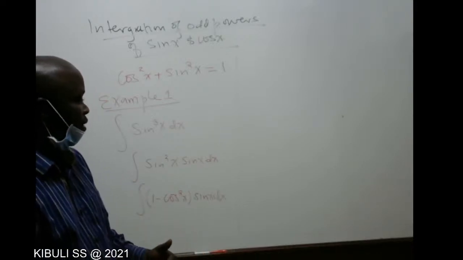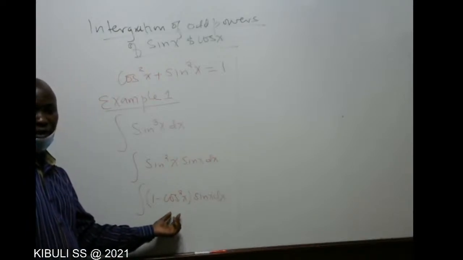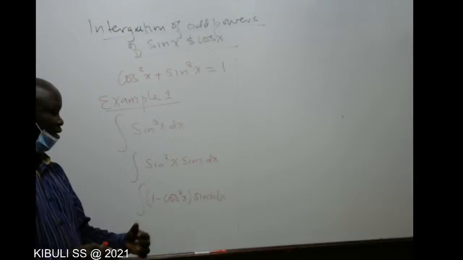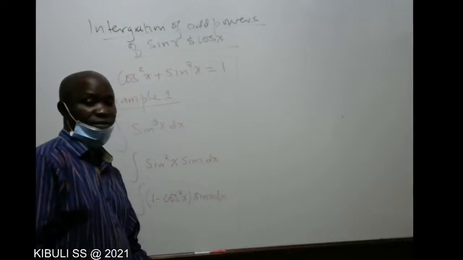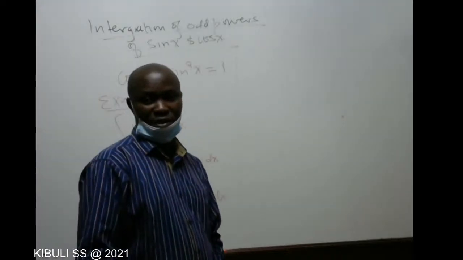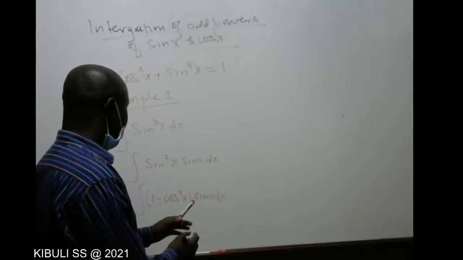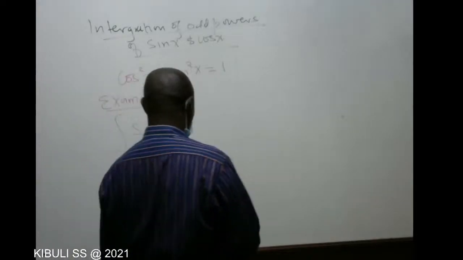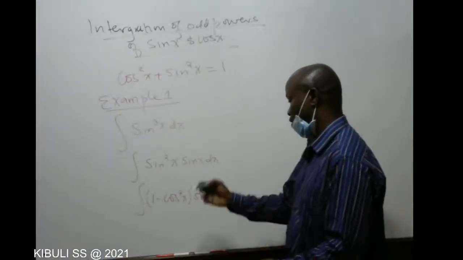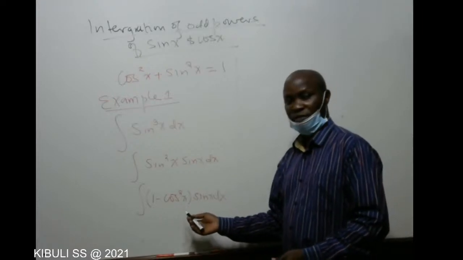And remember, after identifying a function, our function becomes the boss. So the moment you identify the function, then it becomes what? The boss. And therefore, our concentration now will be on the function.